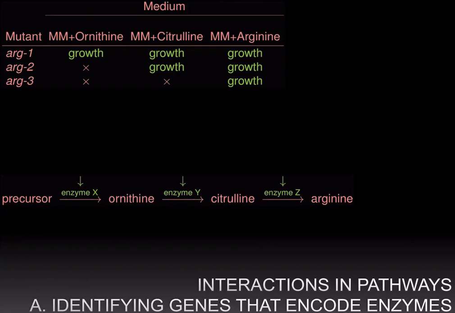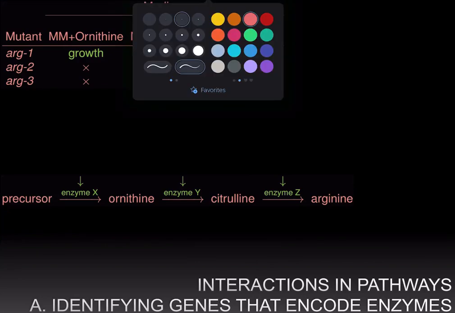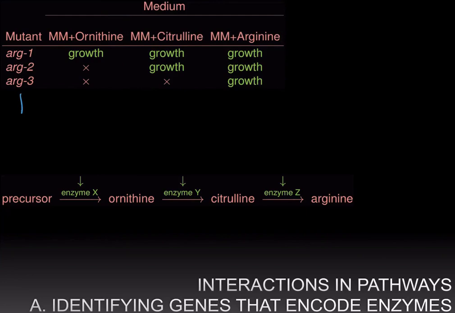So in these data that we have been provided, we have been given the three mutants over here of Neurospora crassa, and these three mutants were grown in three types of medium. You had minimal medium supplemented with arginine, minimal medium supplemented with citrulline, and minimal medium supplemented with ornithine, giving us a total of 9 data points.